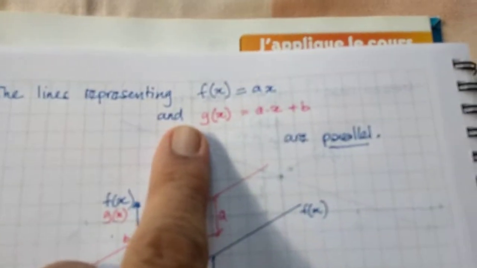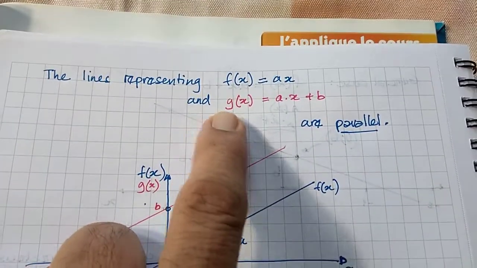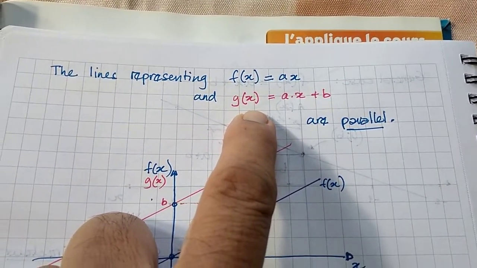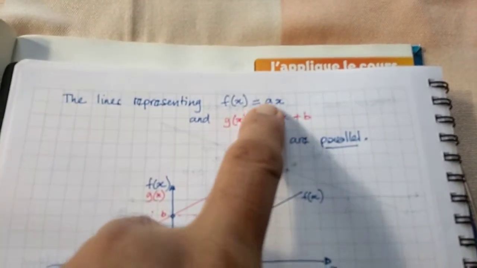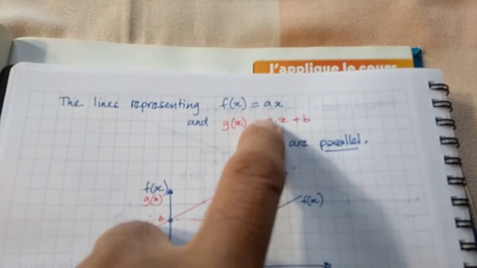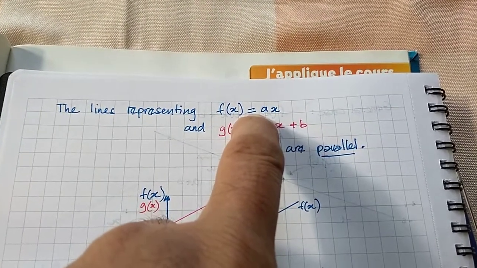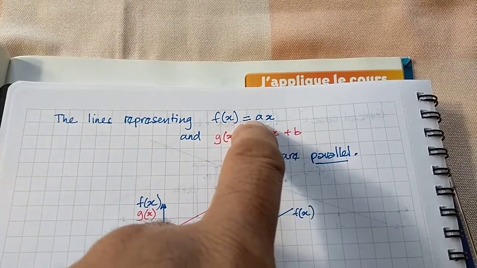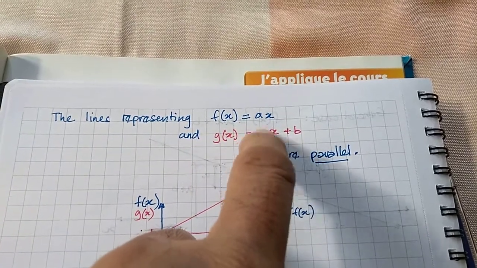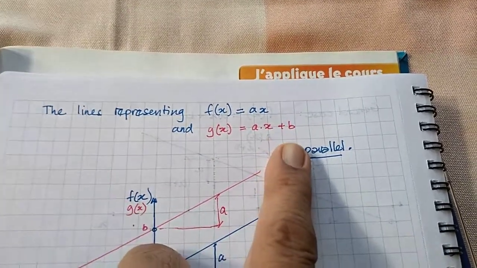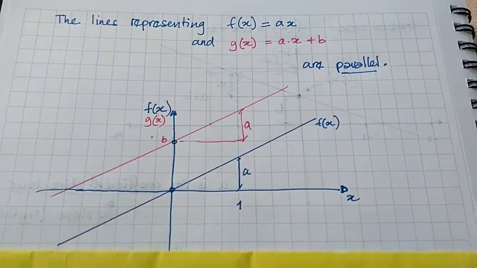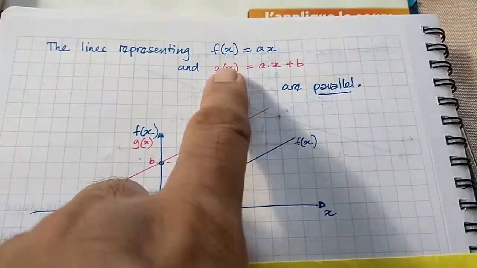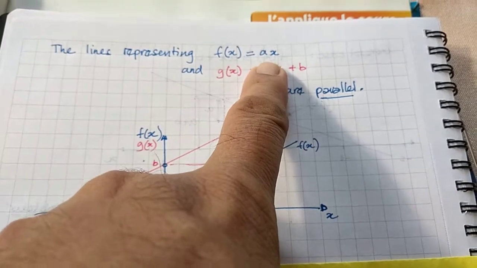There we go, now we have it in focus, almost. And g of x, which I have written in red, is equal to a x plus b, where a is the same a that was used in f of x. So if f of x was 2x, then g of x is 2x plus b, where b is a constant number, a given number.